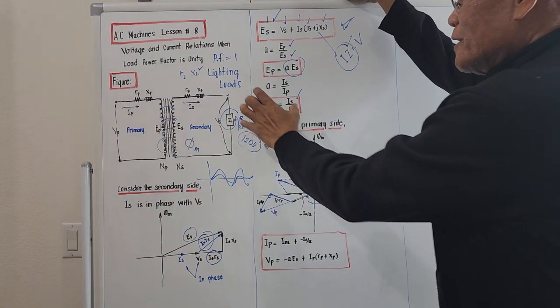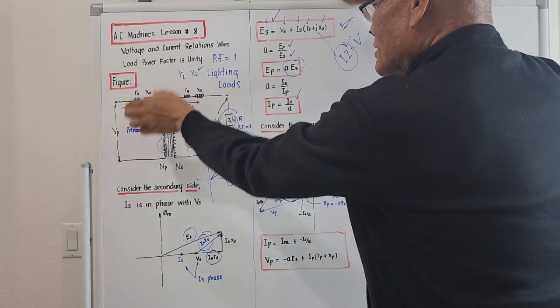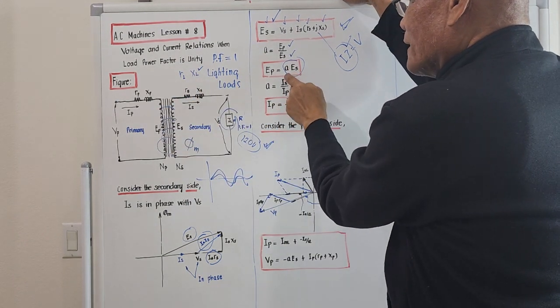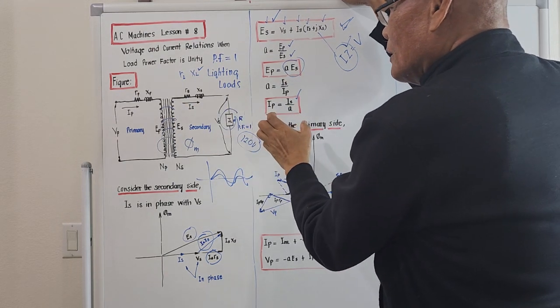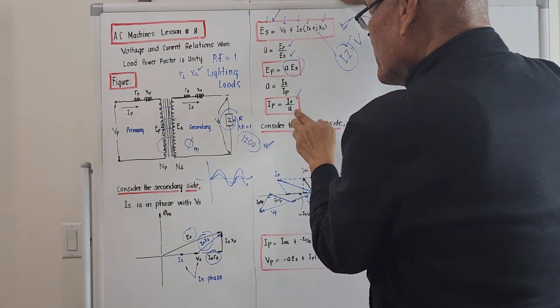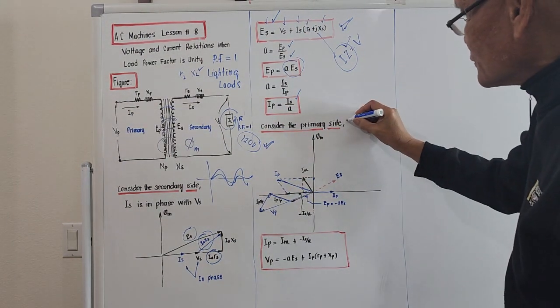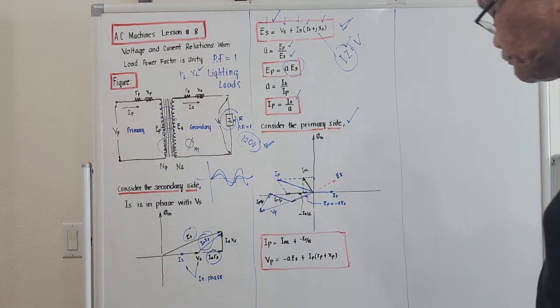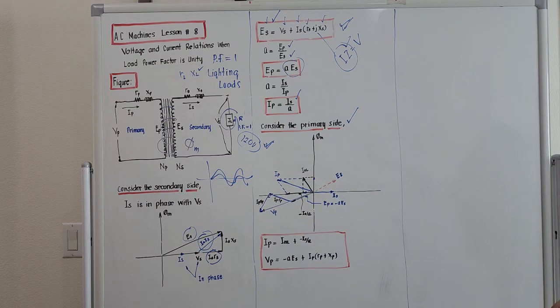So all values here, if we are considering voltage, it should be multiplied by A. And if we try to refer currents on the secondary to the primary side, it should be divided by A. So considering the primary side now, the relation will be this.